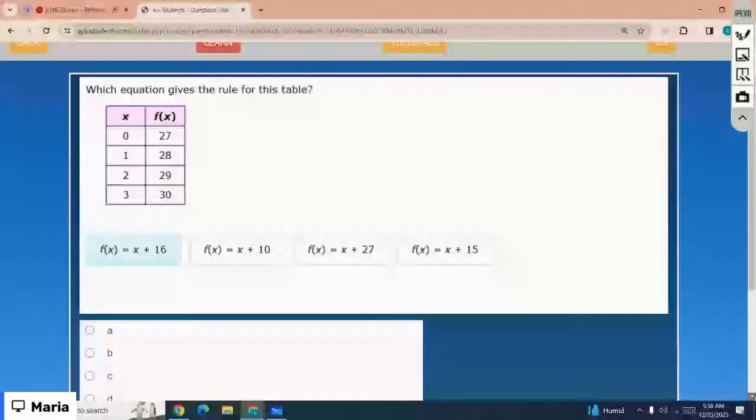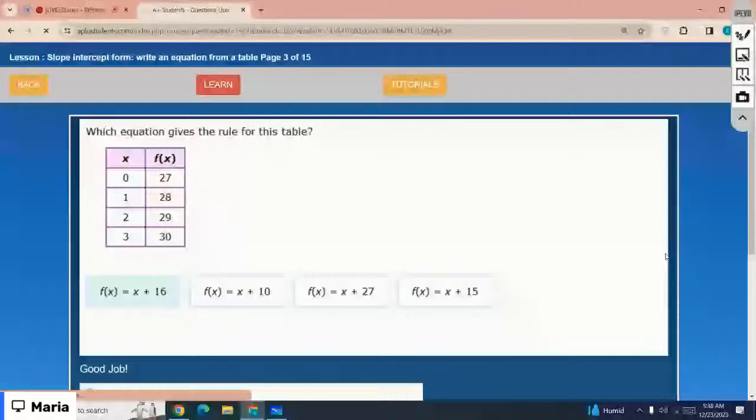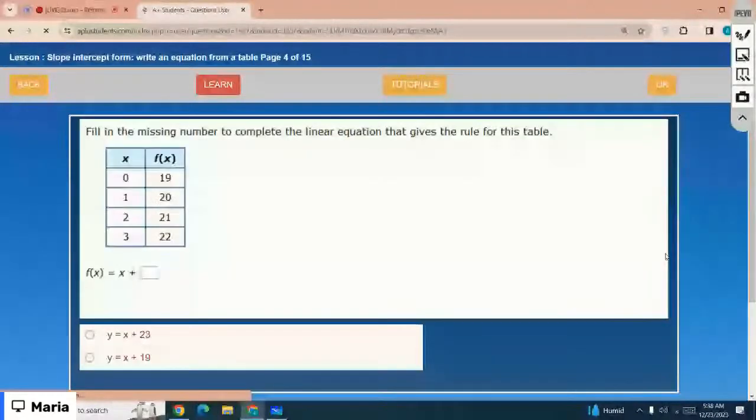The next one is: fill in the missing number to complete the linear equation. You have y equals x plus a missing value. That means you just need to calculate the y-intercept.